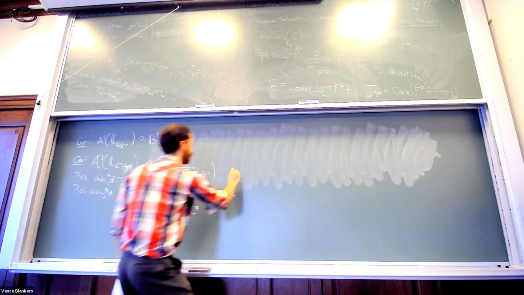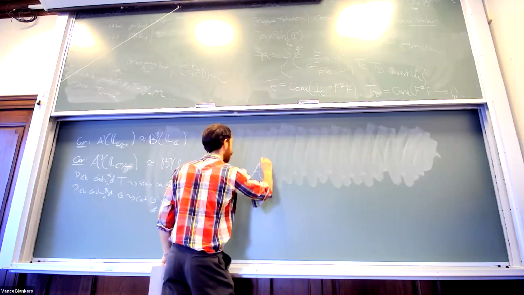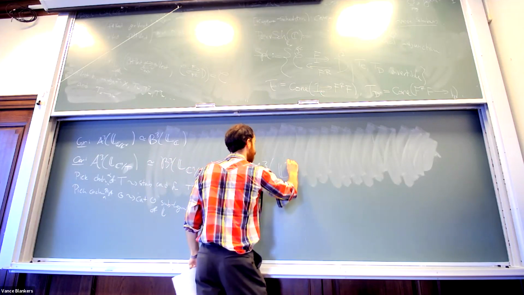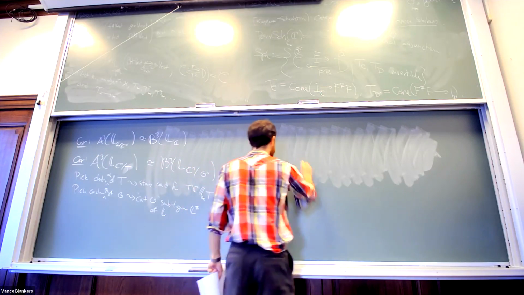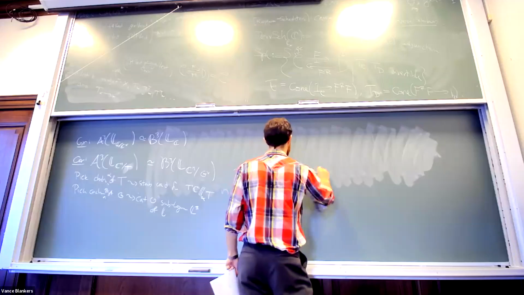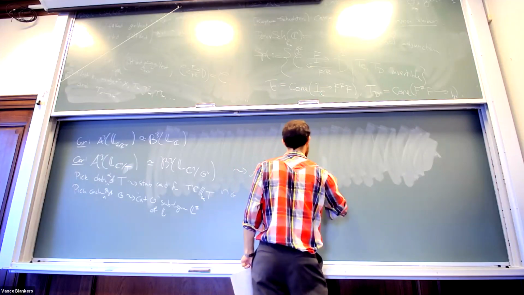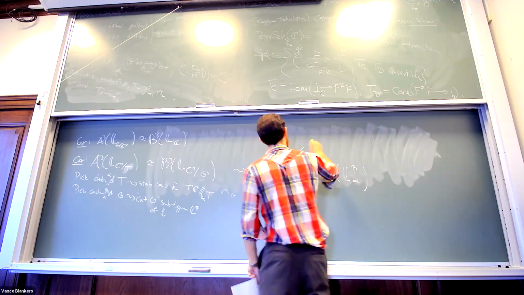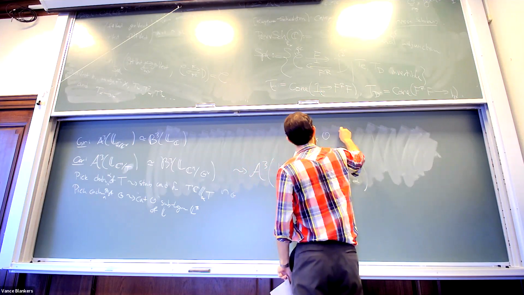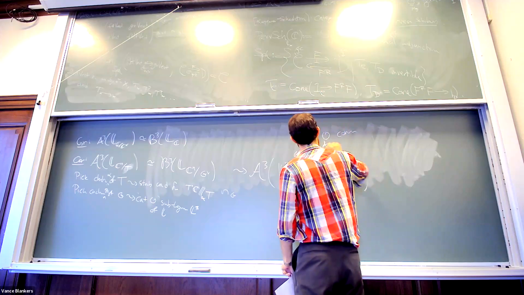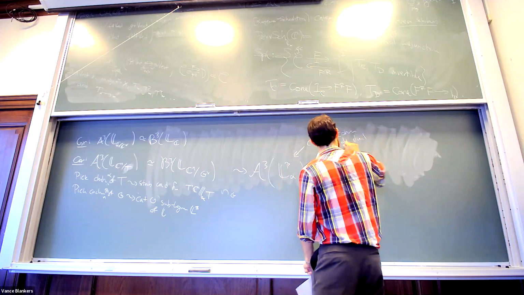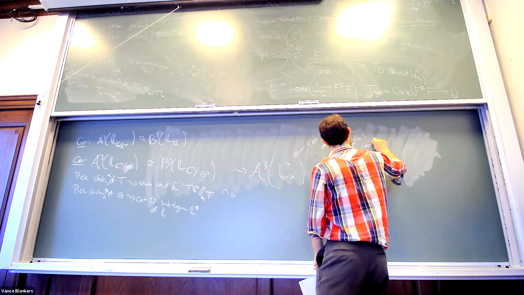Therefore, you can use this to get an equivalence of categories between A3 of the category O core, which I'll call L beta alpha, and B3 of L alpha beta. These are the category O cores of Gale dual hypertoric varieties.